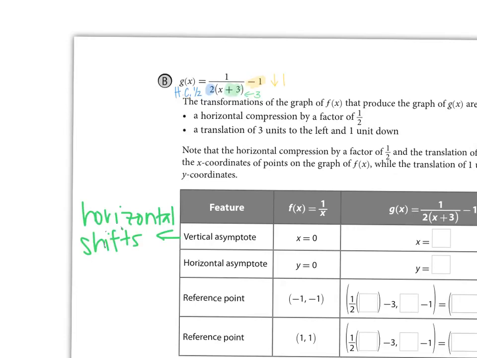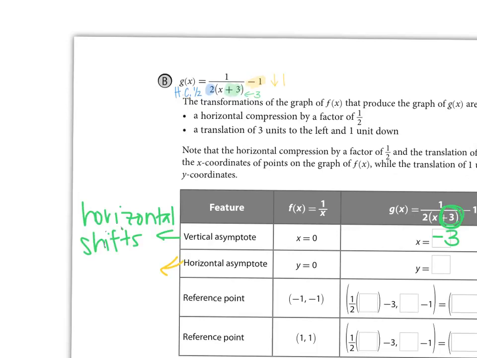When you shift something that's vertical, you can't move it more vertical. You can only move it horizontally. So we shifted it to the left 3 units, so that means our vertical asymptote became x equals -3, and that's because of that +3 in our denominator. And then our horizontal asymptotes, the ones that look like this, can't move horizontally, they can only move vertically.